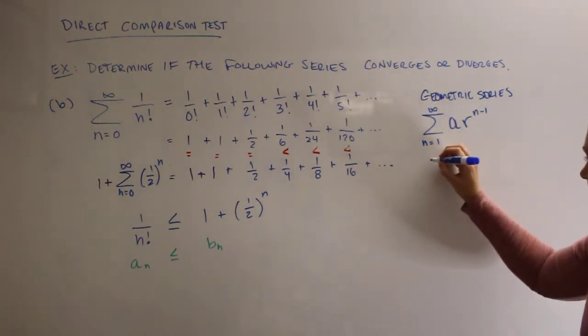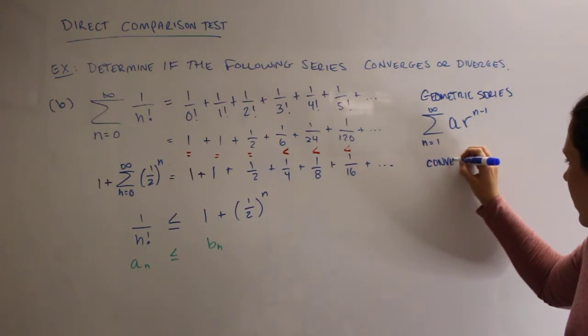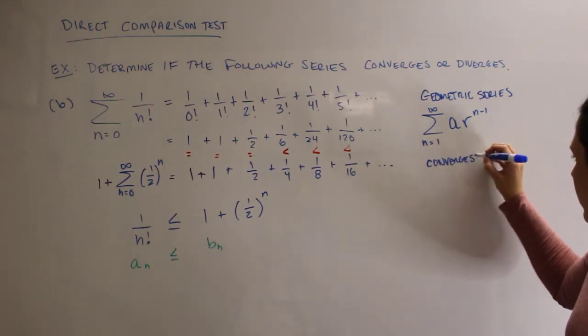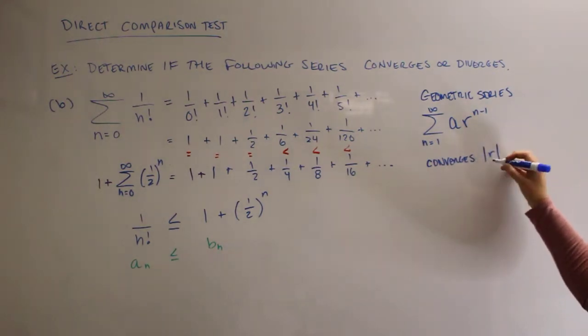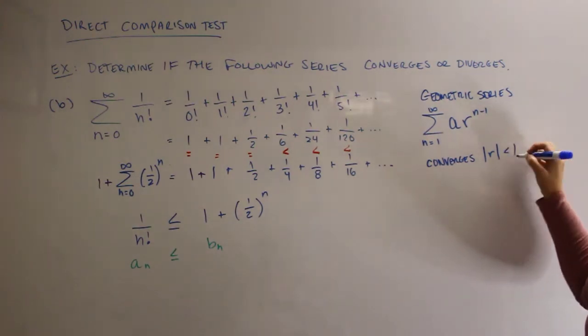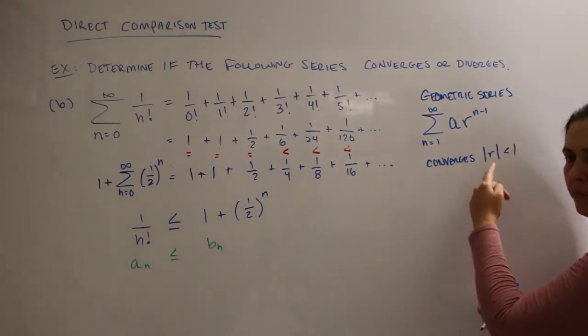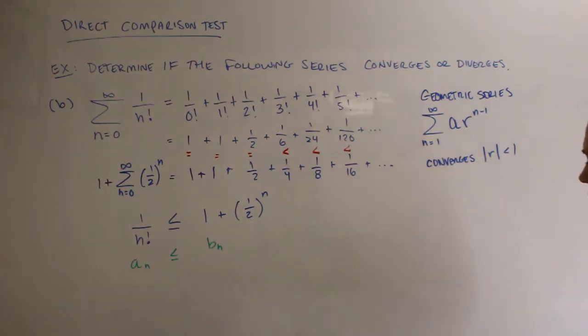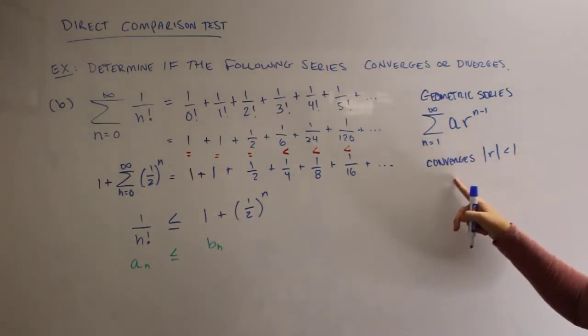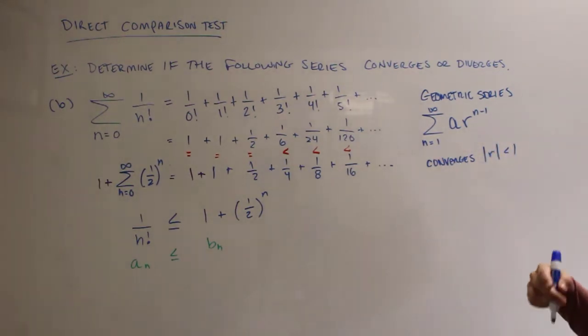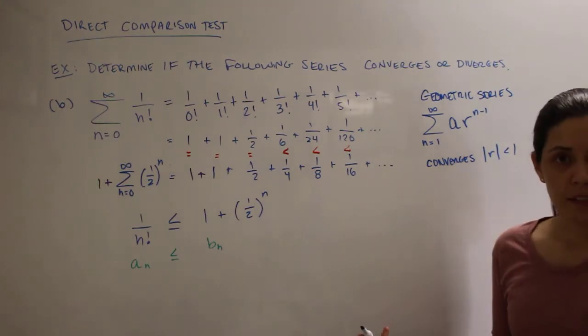We know that this series converges anytime the absolute value of r is less than 1, or r is greater than -1. So when r is between 1 and -1. It diverges otherwise.